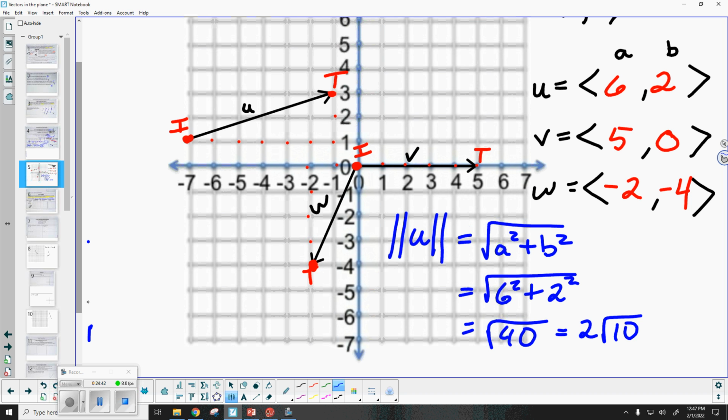Because I could rewrite 40 as 4 times 10. 4 is the largest perfect square that will evenly divide it. Okay, now remember, this formula is based on the Pythagorean theorem. If I come back over here and look at u, remember, we had to travel horizontally 6 units. We went up 2. See, there's your right triangle. The vector is going to be your hypotenuse.